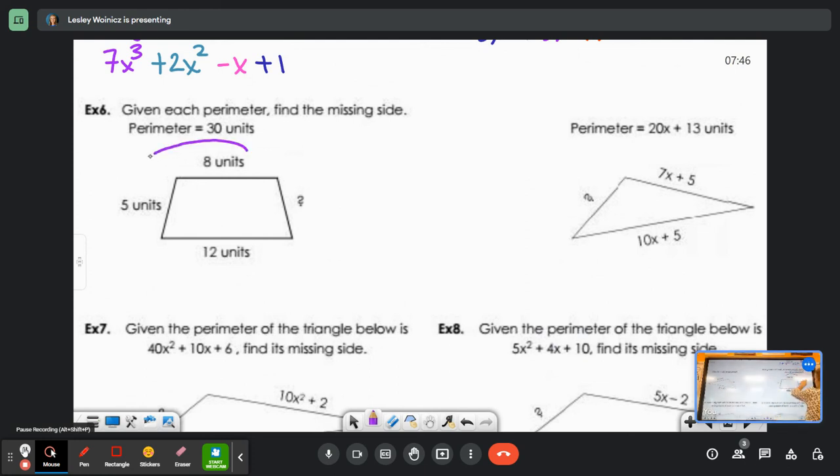So let's add these together. 8 and 12 is 20, plus 5, this is 25 so far. So far we've got 25 units and we need 30, so the missing side has got to be 5.